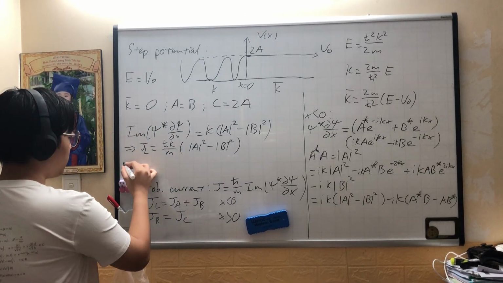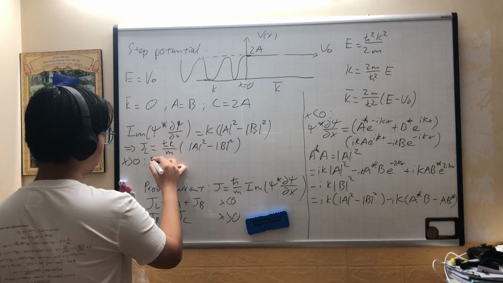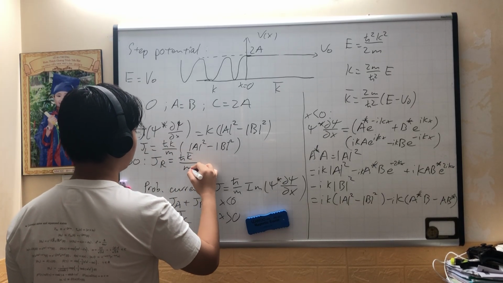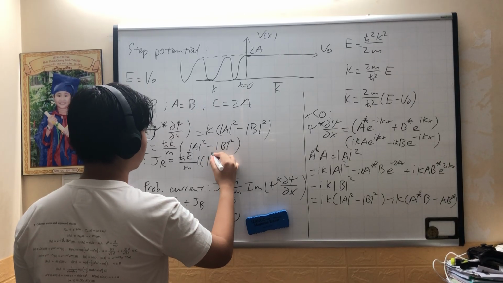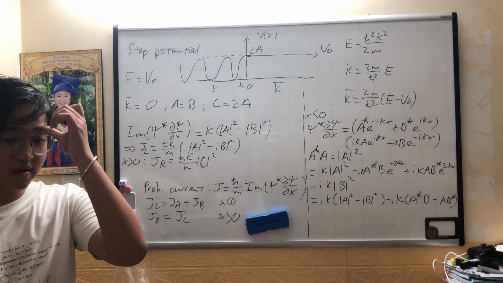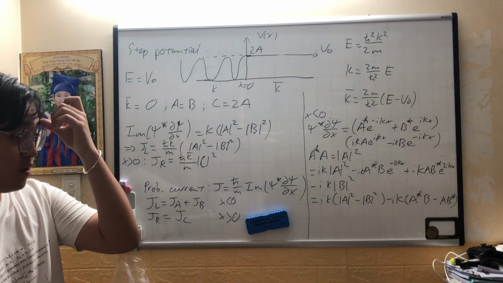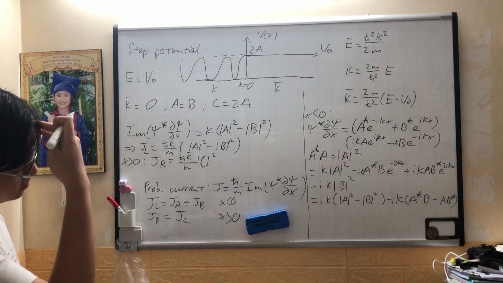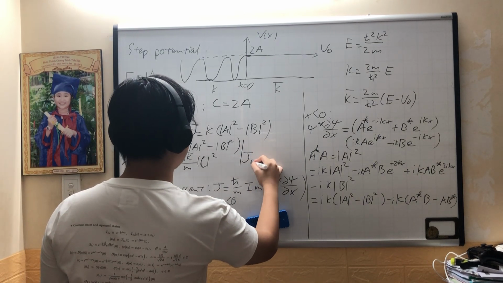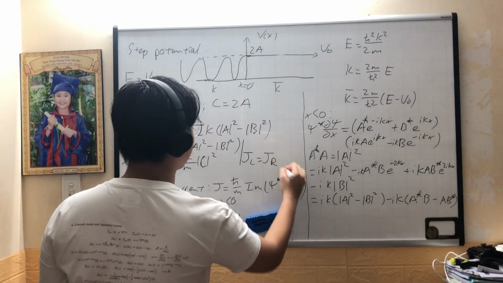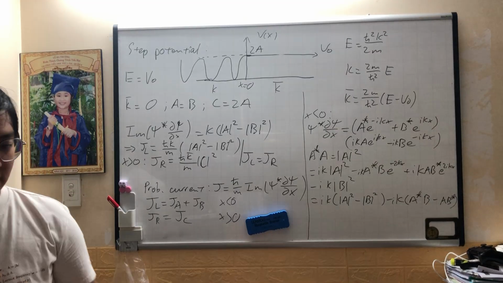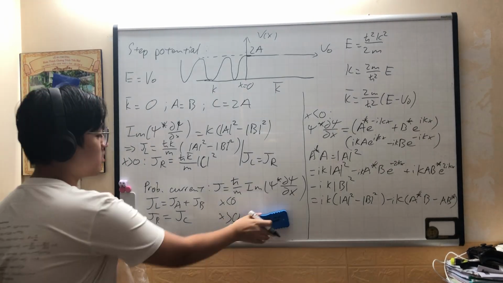Now your J right, you do the exact same thing, and what you get is h bar k tilde over m times the absolute value of C squared. These two, by the law of conservation, would equal each other, so J left is equal to J right, and they equal a constant by current conservation.